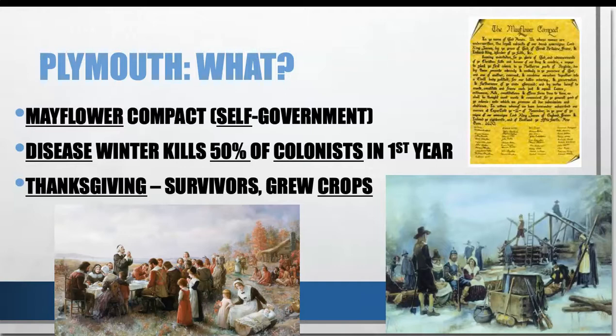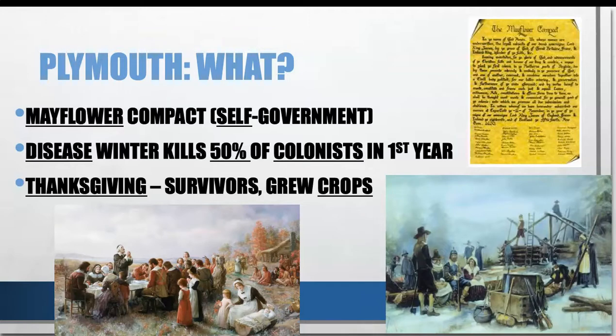The groups of the Pilgrims on the Mayflower get together and say, we're not going to rely on the king, we're going to rely on ourselves. We're going to govern ourselves. Yes, the king is still going to be important to us, but really the political, social, economic success of our colony is going to happen because of us.